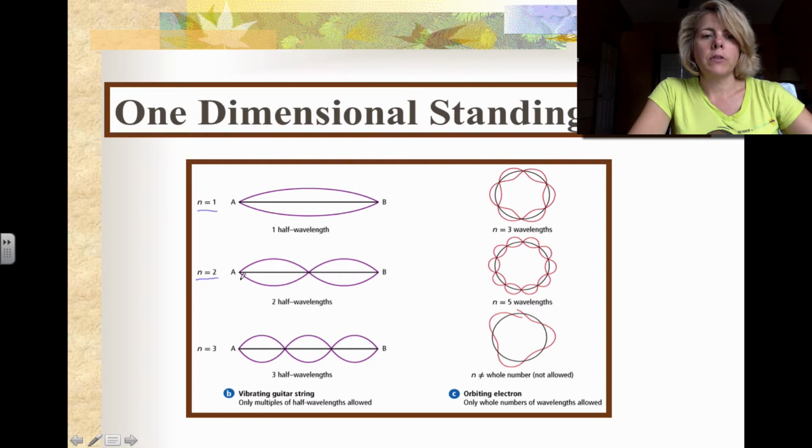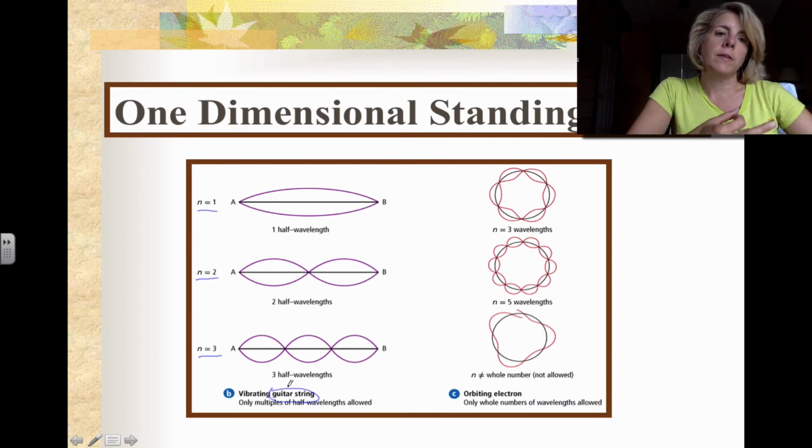We have essentially a set of 2 half wavelengths. For 3 energy level, we essentially have 3 half wavelengths. Now, notice that this is associated with a guitar string. So if you were to pluck it with the right frequency, you would essentially get these type of standing waves.